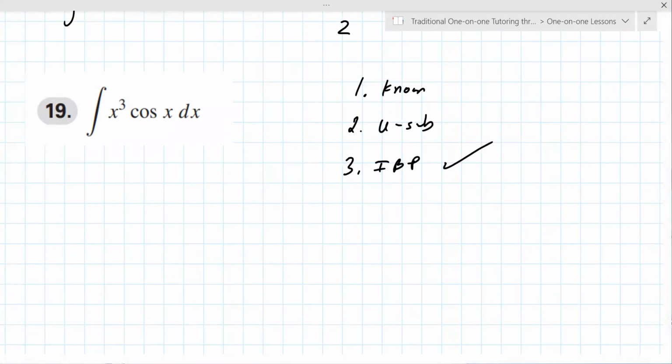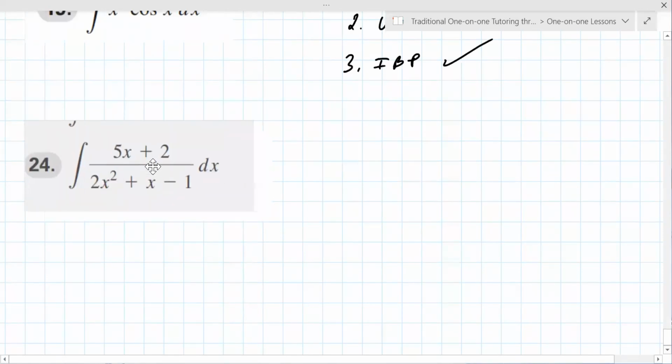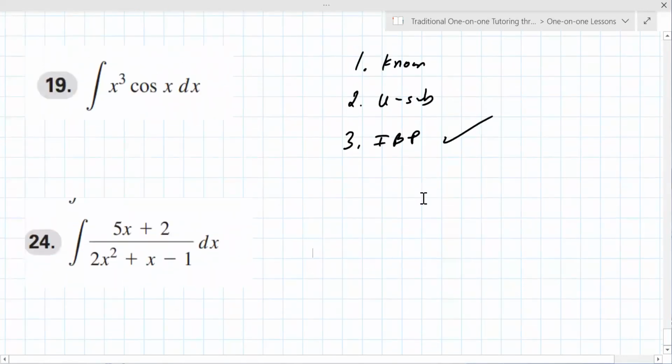Let's look at another one here. Is this known? Is it U-sub? Is it integration by parts?